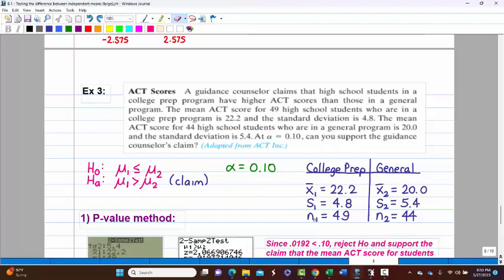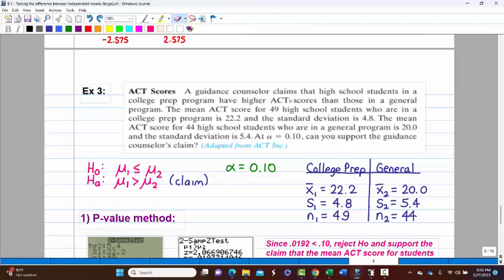And 49 is the sample size for college prep. Then for the general program, 44 is your N2, 20 is your average ACT score, and 5.4 is the standard deviation.